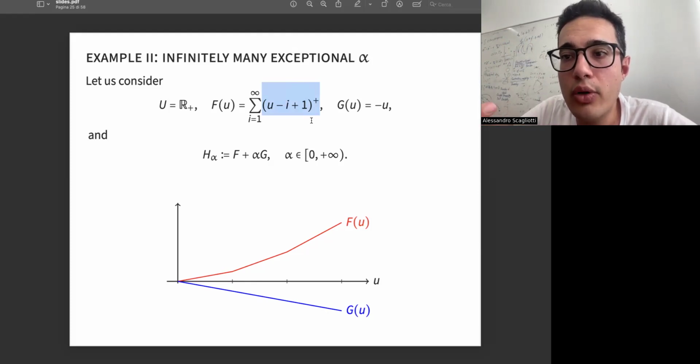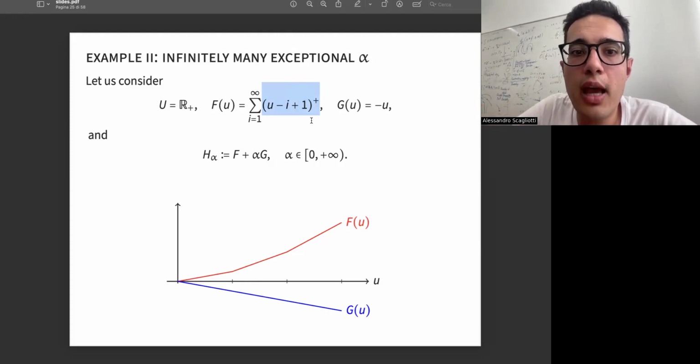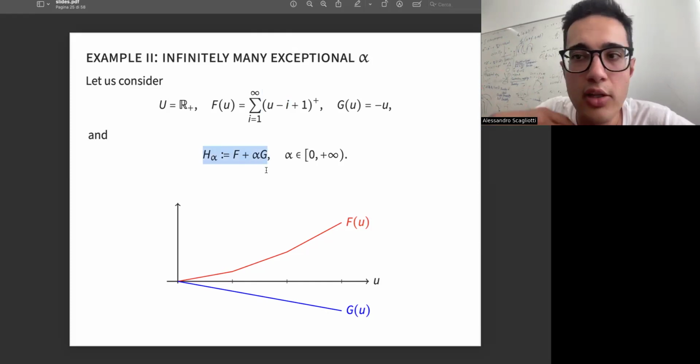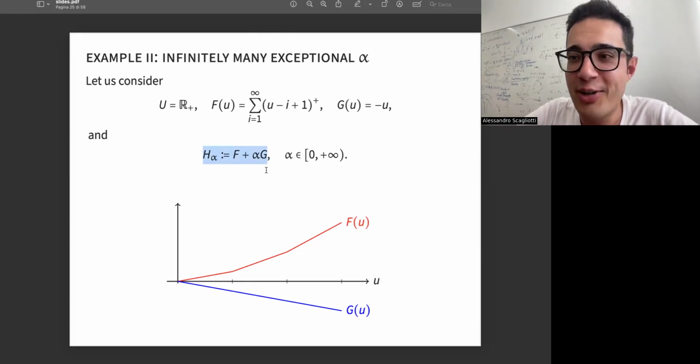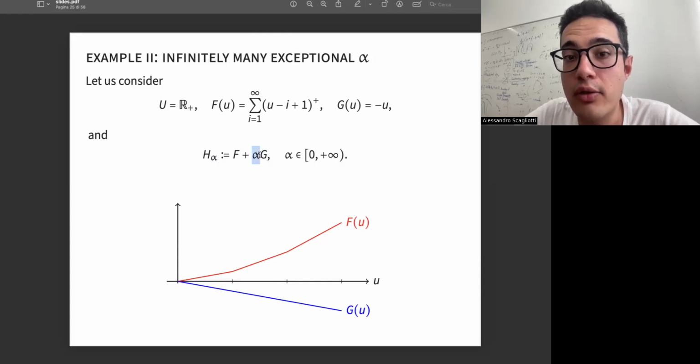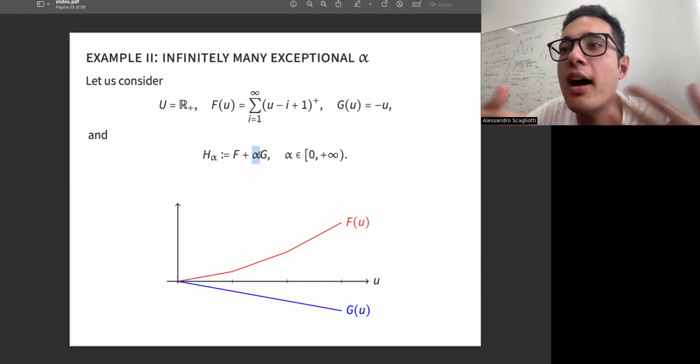And even worse in practice, if you give me a regularized functional coming from your favorite application, like reduced order models or machine learning, we don't know at the moment a way of understanding which are the bad values of alpha. And it may happen, as you said, that there are not only infinitely many, but they are dense.